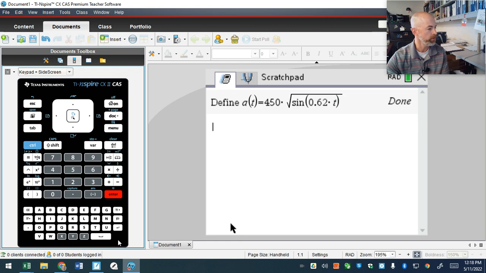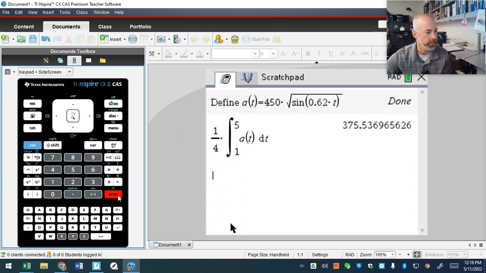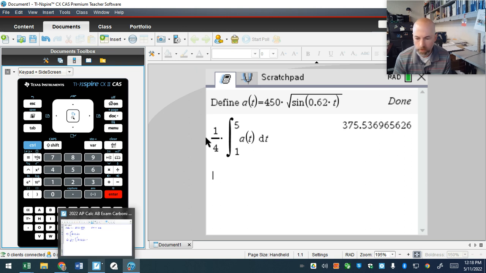So I'll go to my calculator. Control divide. 1 over and 5 minus 1 would be 4, not 5. Shift plus, we're going 1 to 5 of my previously defined function, A of t dt. I'm going to hit Control Enter to force the decimal, and I'm getting 375.565369, and they don't ask us to round, so double check that.